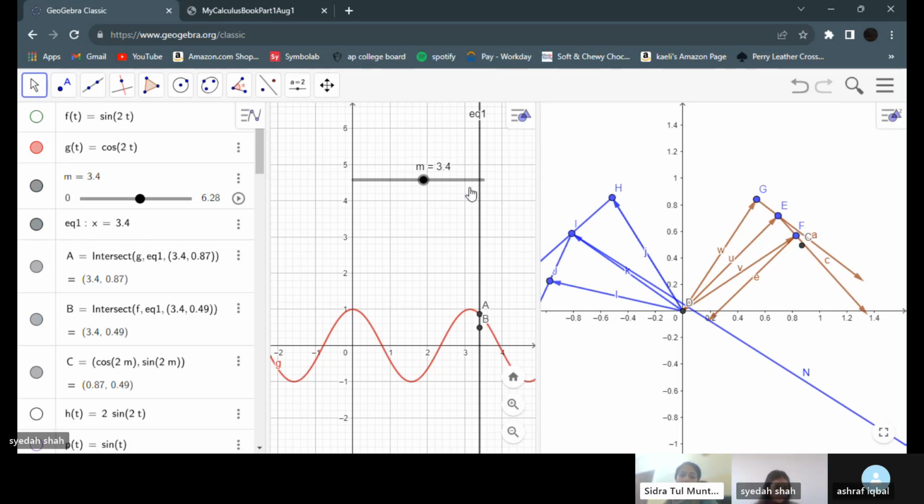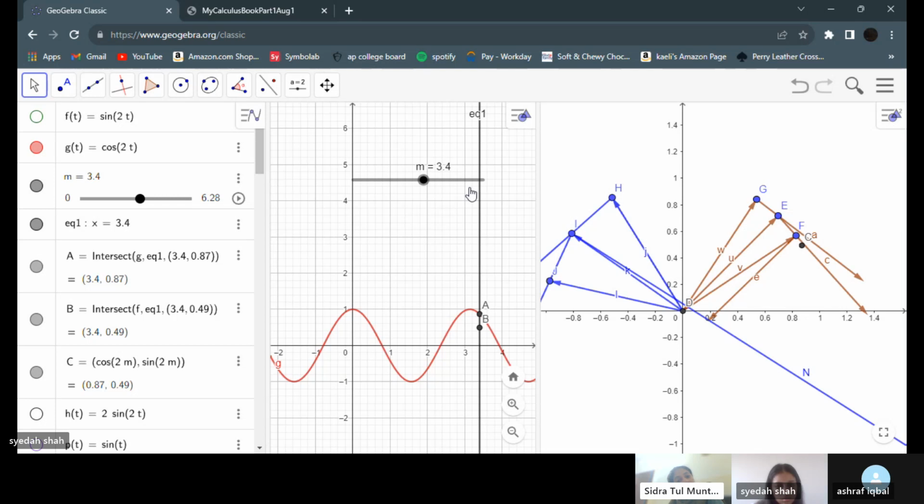Okay, so now, when the frequency was 1, we saw that the velocity and the acceleration have magnitude 1. When the frequency was 2, we found that our velocity vector has magnitude 2 and our acceleration has magnitude 4.